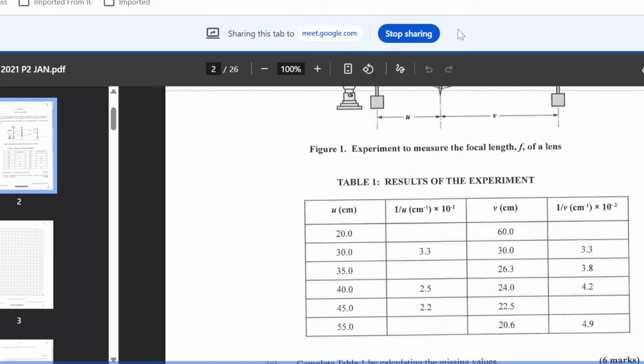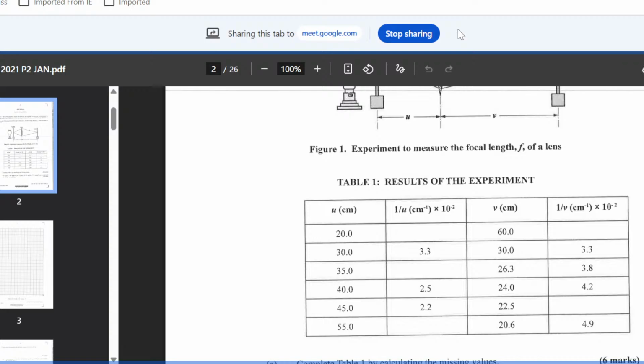Alright, so 1 over v, sticking to the first column, would be what? When you put 1 over 60, 1.7. So 1 divided by 60 would have been 0.0166666, so that's good.